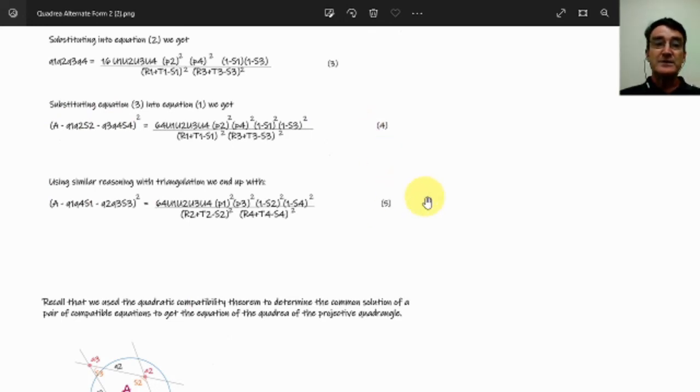So these are other alternate forms for the quadria of a projective quadrangle with a triangulation with an internal point in general position inside the projective quadrangle.